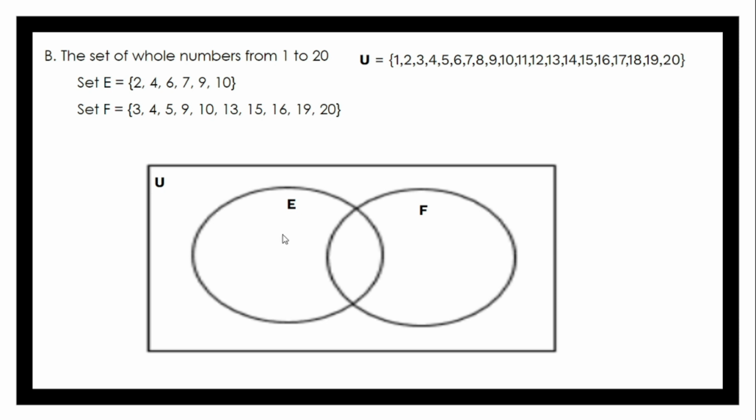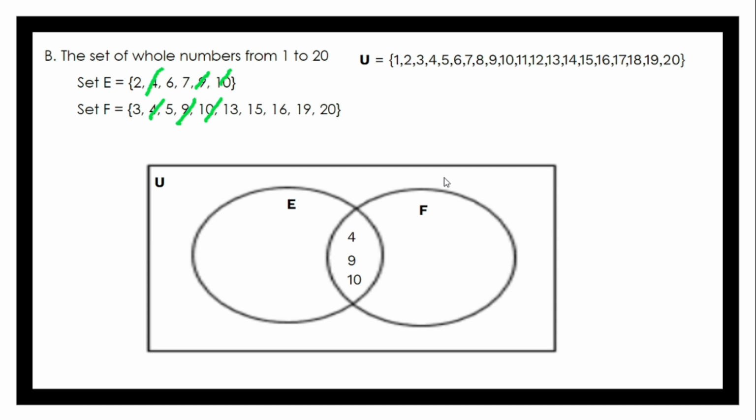At ang intersection nila, meaning to say, yung pareho sa kanilang elements are, we have 4. Ayan, pareho yung 4. Pareho yung 9. Pareho yung 10. Correct? So, therefore, if pareho na yung 4, pareho na yung 9, pareho na yung 10, we need to write it in the intersection. 4, 9, 10. Tama?